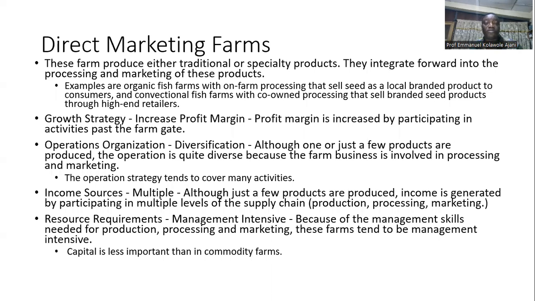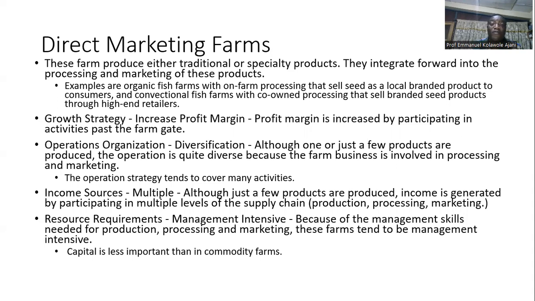And also we have the direct marketing farm. This farm produces either traditional or specialty products, and they integrate forward into processing and marketing of these products. They are the ones that produce. It can be for the commodity market, it can be for the specialty market.